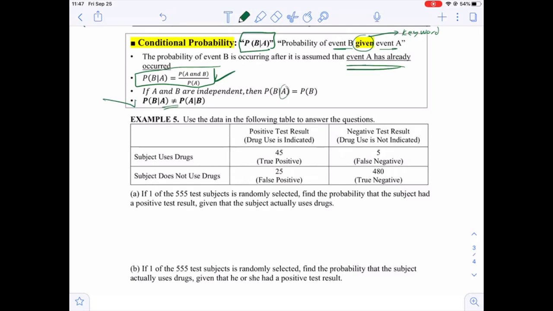Now let's take an example. Here we use the following data from the previous section: subjects who use drugs, subjects who do not use drugs, and the positive test result after testing those people.